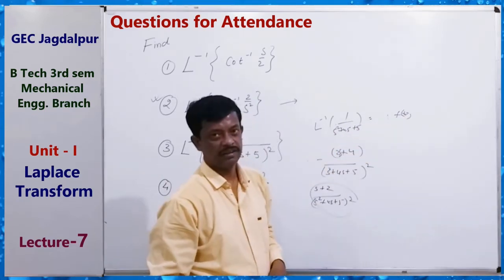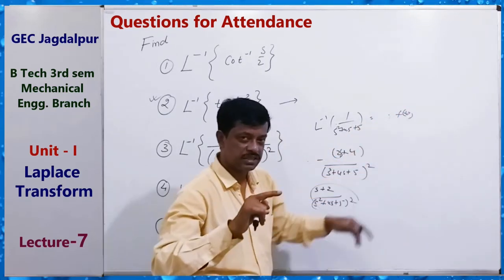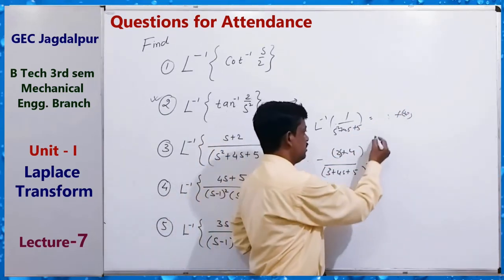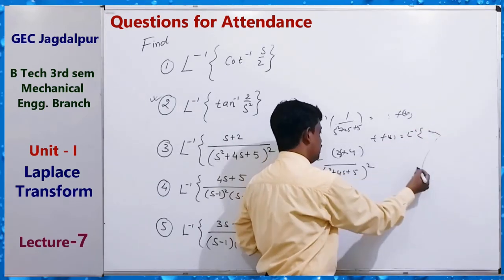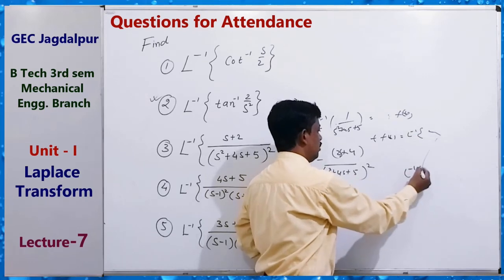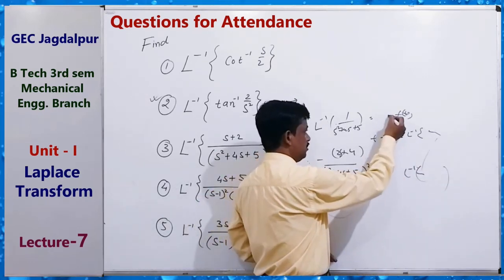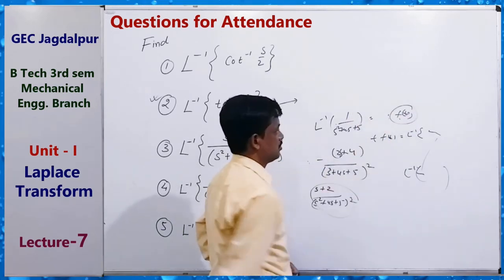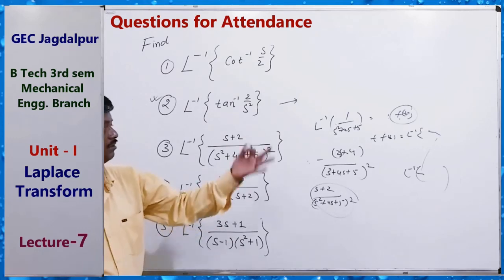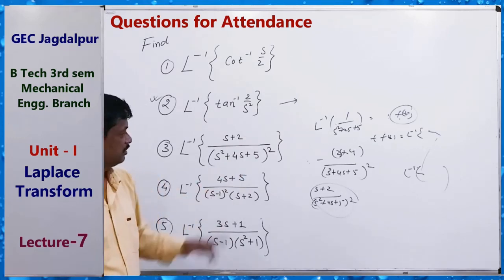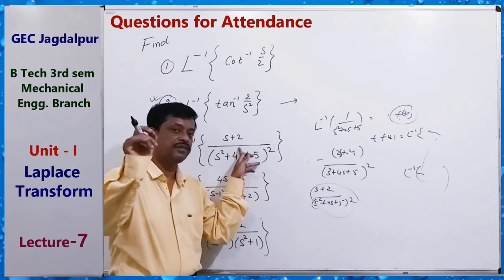Then you can use the inverse Laplace transform of the derivative, that is t F(t). After the derivative, L inverse of this equals t F(t). So F(t) can be found, F(t) equals this divided by t. So you can get the value. This is by using the inverse Laplace transform of the derivative.